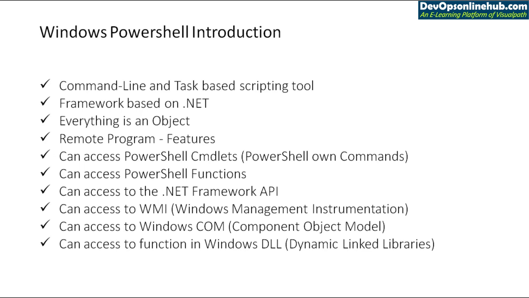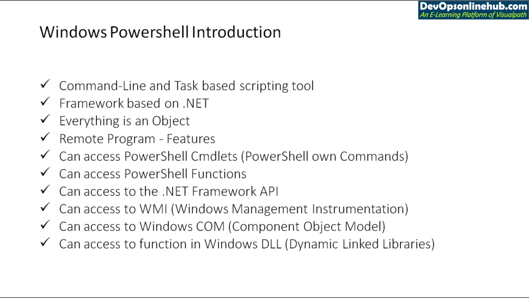But if you write the same program in a DOS batch file, what will happen? When you call get-service or equivalent logic there, it will return the list of the services, but not in the object format. It will return in plain text format, right? Again you have to process that output, query the Windows service again, get that particular service and call stop.